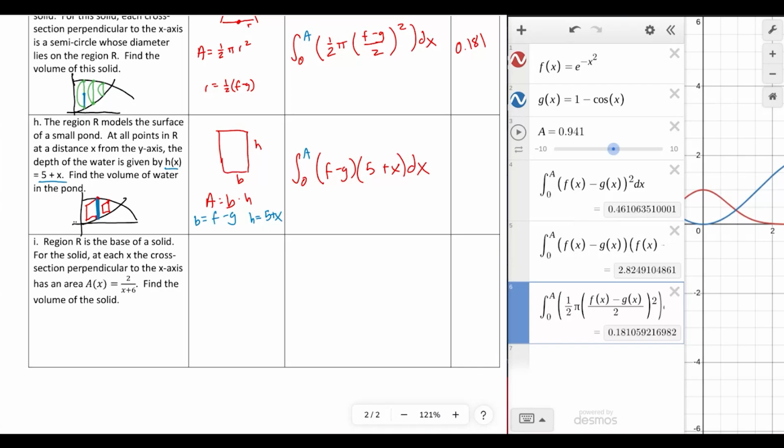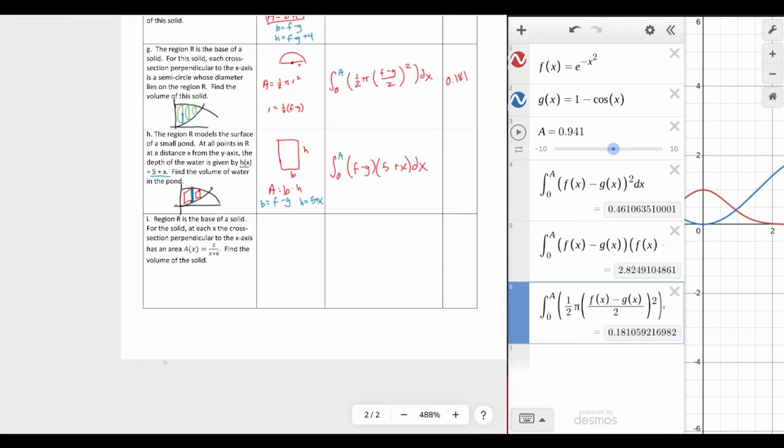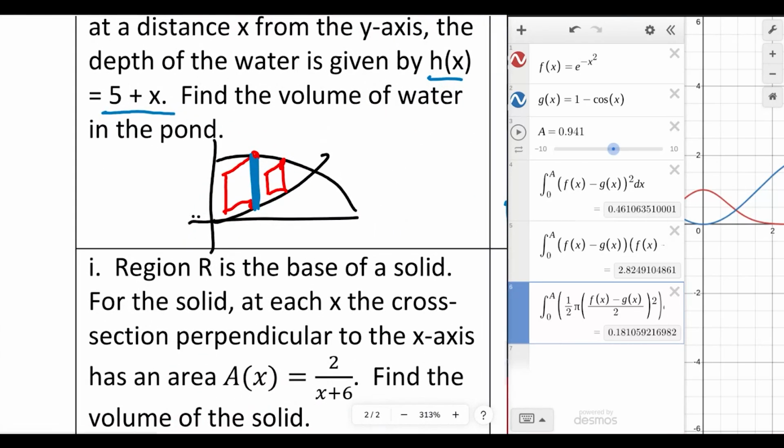Right. So whether you're the distance that you're going into the page, if this is at 0.5, then this, let me not use black there. Let's use maybe green here. This distance, into the page, would be 5.5, but so would this one. It's the same x value. So no matter where you are along this cross section, the depth is consistent. It's always 5 plus whatever the x value is.